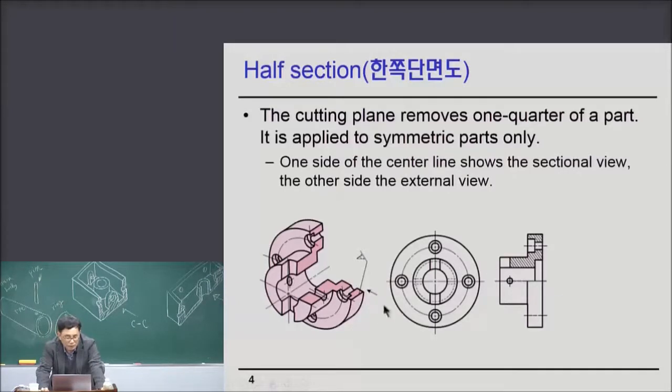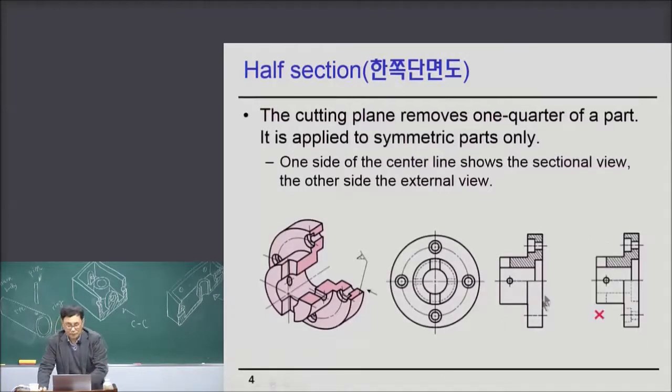Now if you make a projection view from the right side, then one side of the center line shows the sectional view, and the other side the external view. Very nice way, if the part is absolutely symmetric.